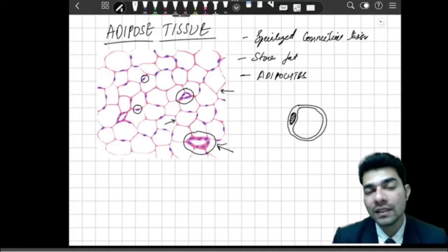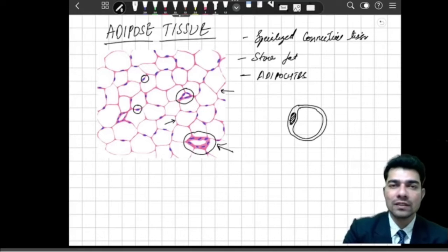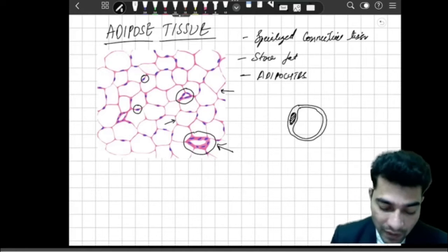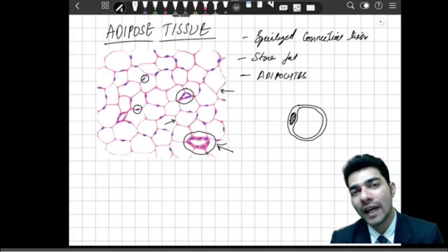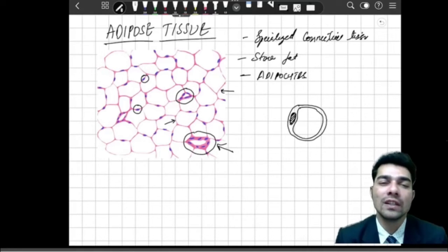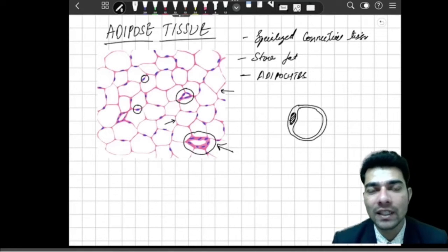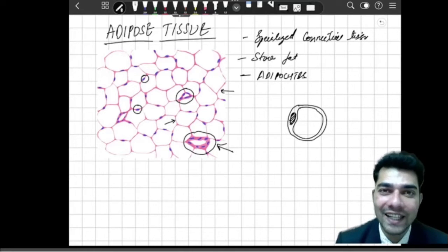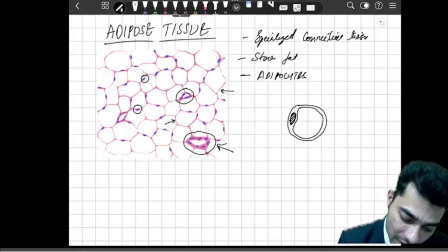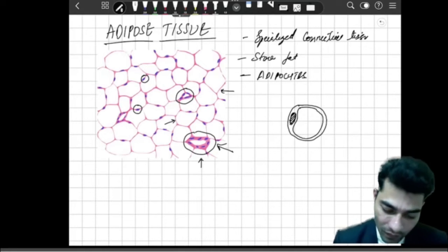Because fat cells, or adipocytes, act as a reservoir, to add in or to remove fat they need a continuous supply and retrieval system. So for that it is highly vascular, and blood vessels are numerous. These are the blood vessels.